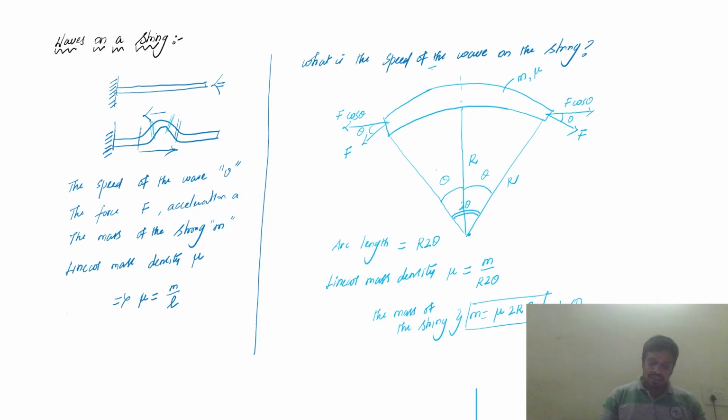Next, if you consider this shape, the waves will set up this portion. To maintain these portions, there will be a centripetal force acting on the string towards the radius of the curvature. This centripetal force acts on each section when the wave is propagating in this manner.